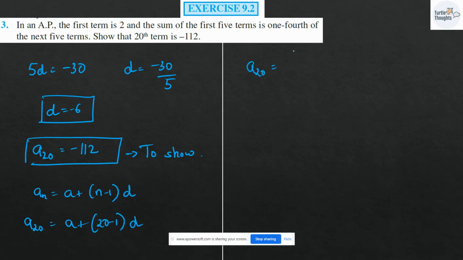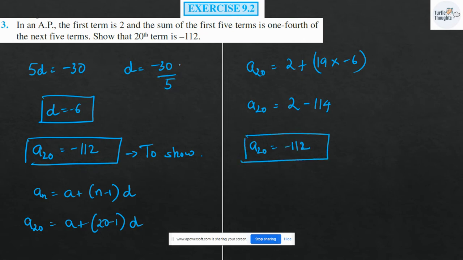So a20 will be equal to a, which is 2, plus 20 minus 1, which is 19, multiplied by d, which I have got as minus 6. So what will be the answer now? a20 will be equal to 2 minus 19 into 6. What is 19 into 6? 120 minus 6, 114. So a20 will be equal to minus 112. This is what you have to show in the question. You have showed this.